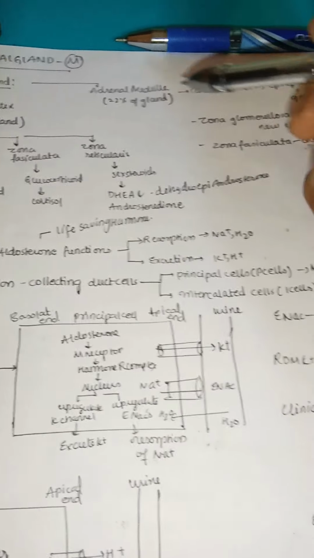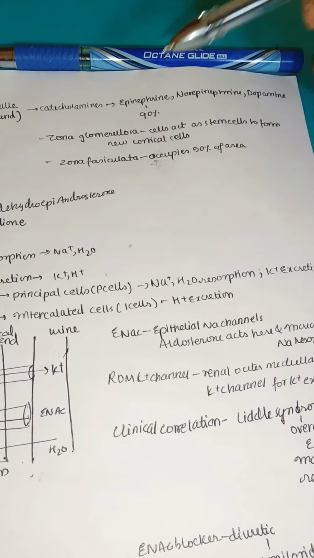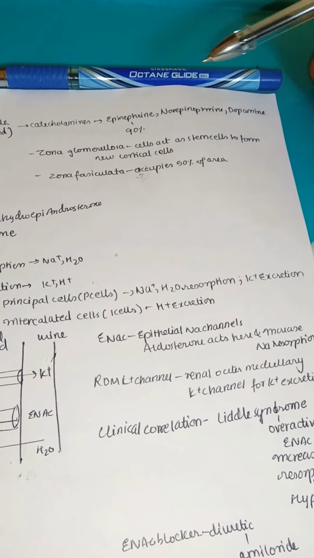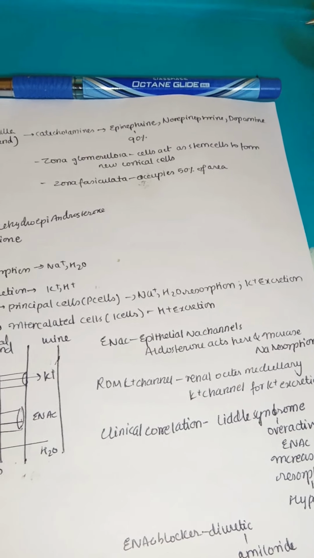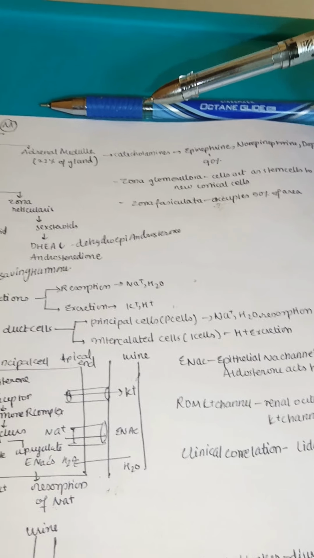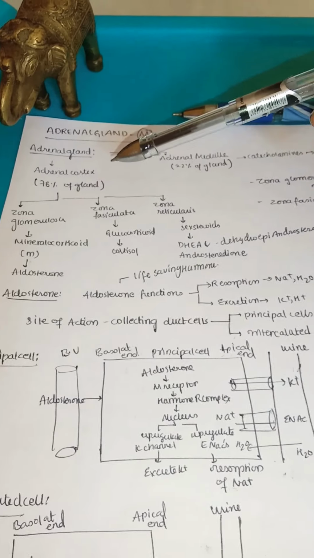The adrenal medulla mainly produces catecholamines. The important catecholamine, 90% of it, is epinephrine, and next comes norepinephrine and also dopamine. These are the three major products produced by our adrenal medulla, but epinephrine is 90% of them. And next, let us see the adrenal cortex.